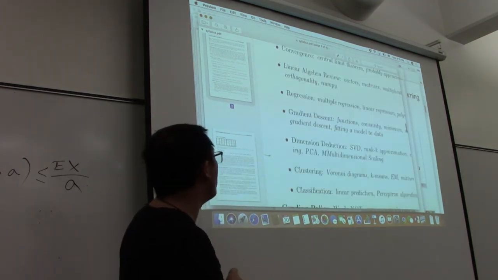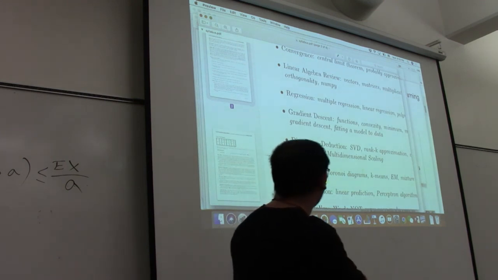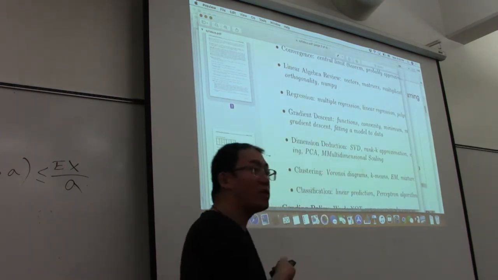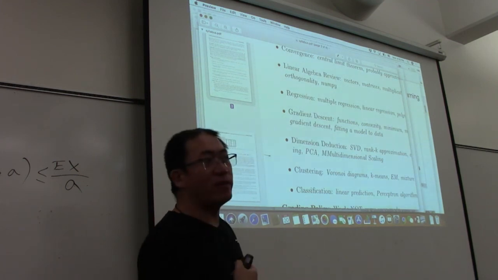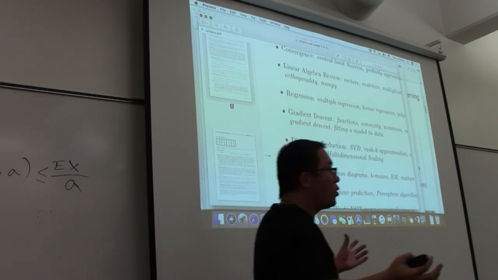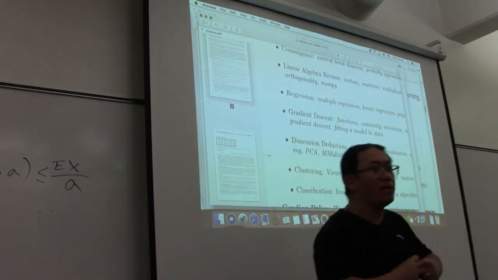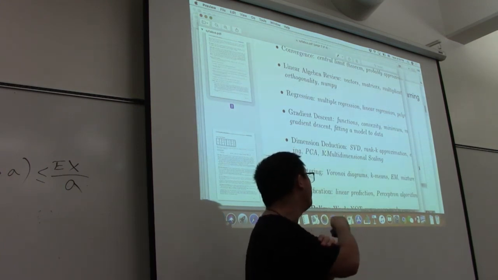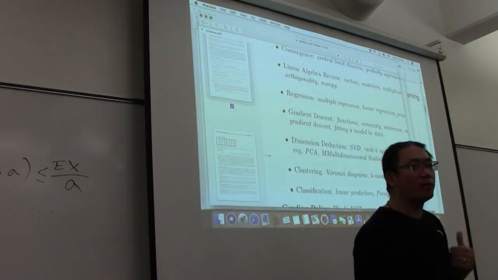And then we'll introduce the following two topics, which are supposed to be at the end of the semester. One is clustering, the other is classification. Clustering is basically finding clusters of data points in data. This is also a very hot topic right now.